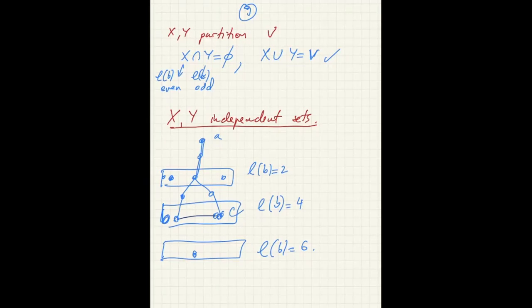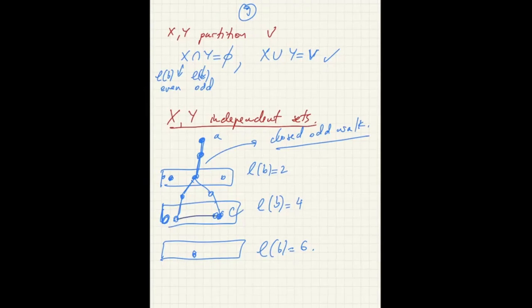So if we combine these two paths and the edge BC, we take the path from A to B that has length L(B), and then we take the edge BC, and then we go from C back all the way to A using the path from A to C of length L(C). What we end up with is a closed odd walk.